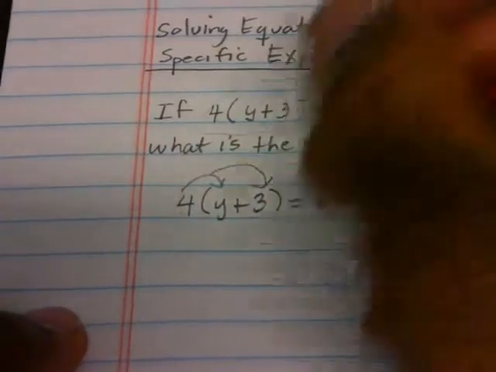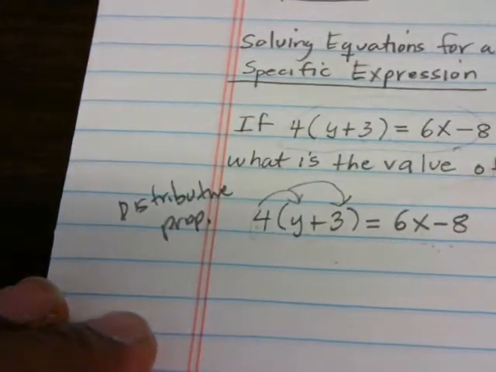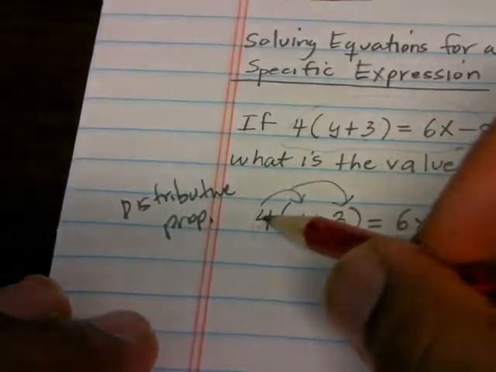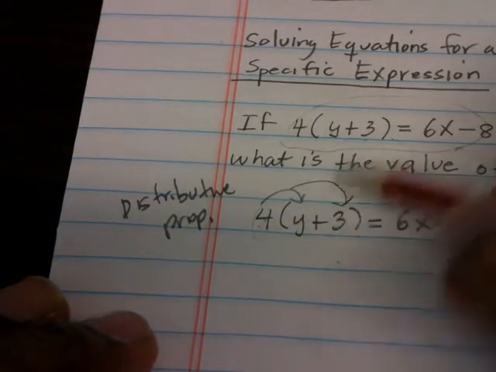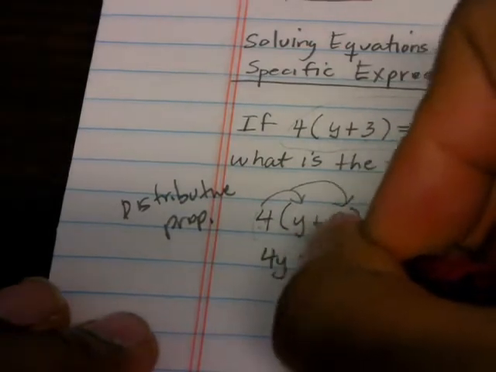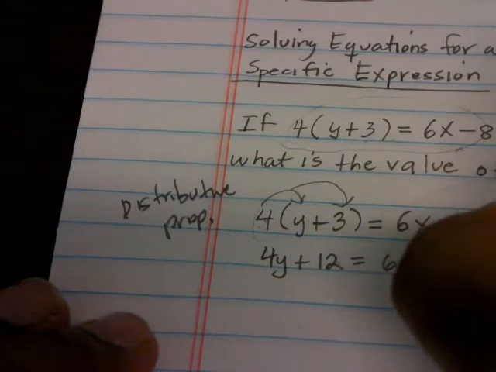When you perform the distributive property, you're distributing 4 times y and 4 times 3. So you have 4y plus 12 equals 6x minus 8.